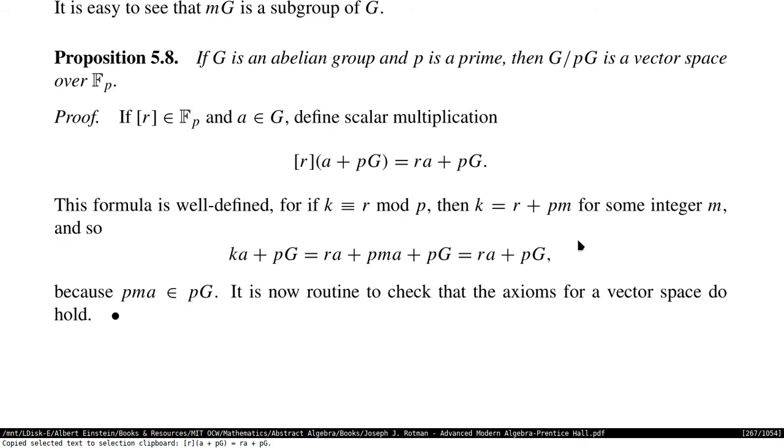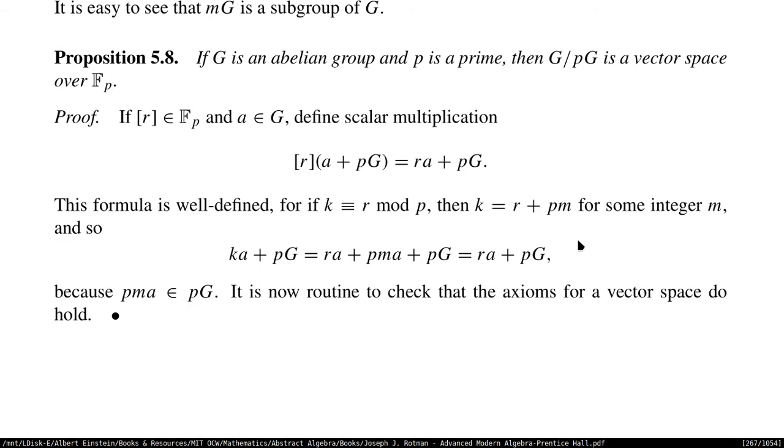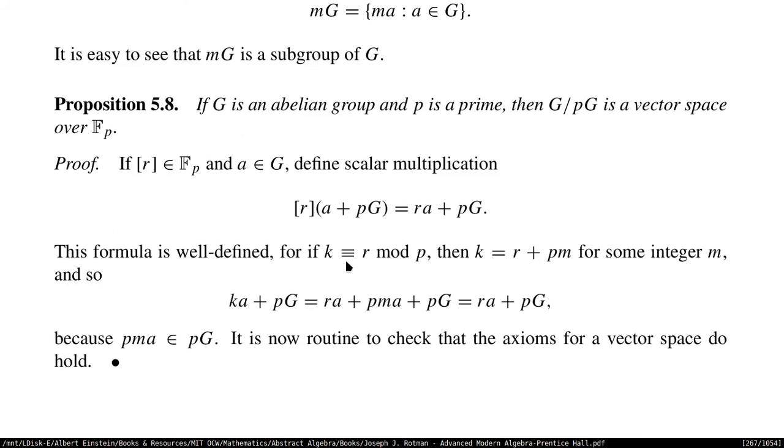It's not yet a vector space, but we're going to prove that. So this formula is well defined if k is congruent to r mod p. This is basically just trying to make sure that you're inside the pG subgroup.